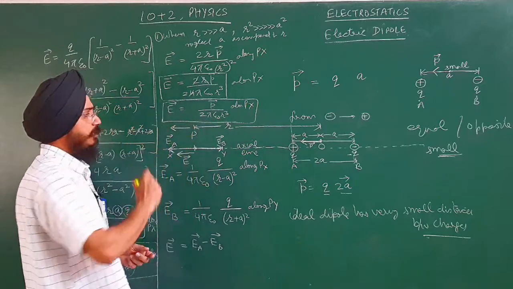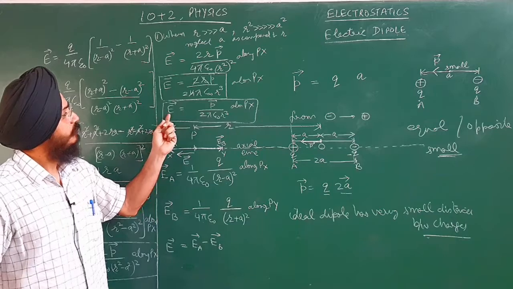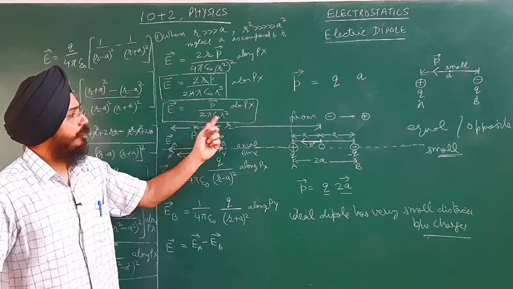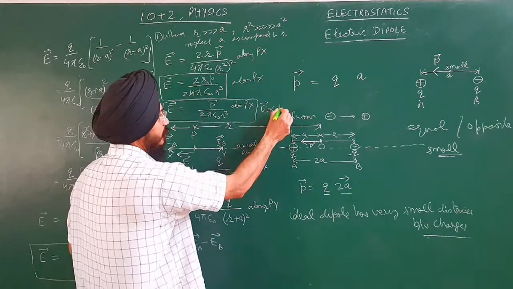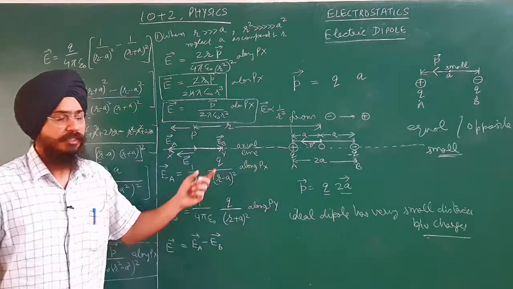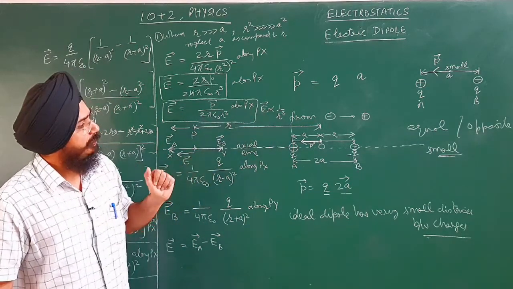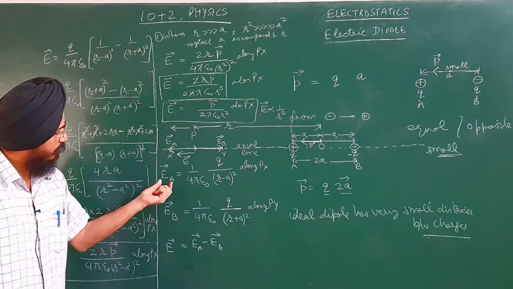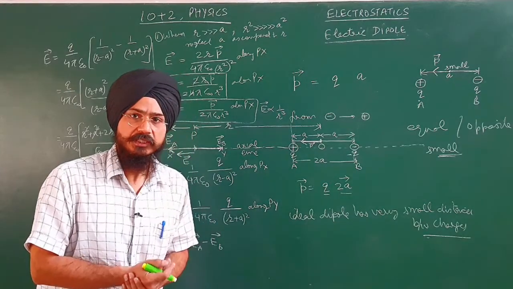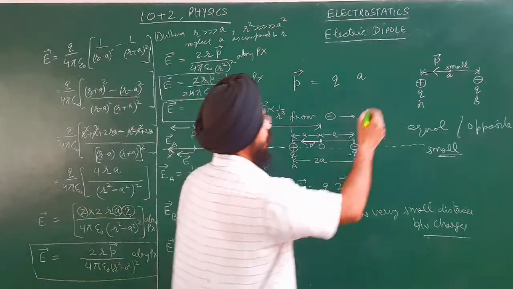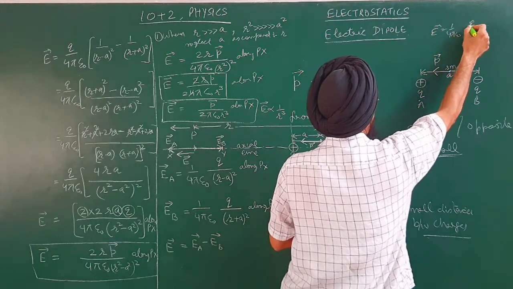So let us discuss the result. Clearly the electric field is inversely proportional to r cube. That is, the electric field for a short dipole is inversely proportional to the cube of the distance. As you see in the expression of electric field which we derived earlier for a single charge, E equal to 1 upon 4 pi epsilon naught q by r square.